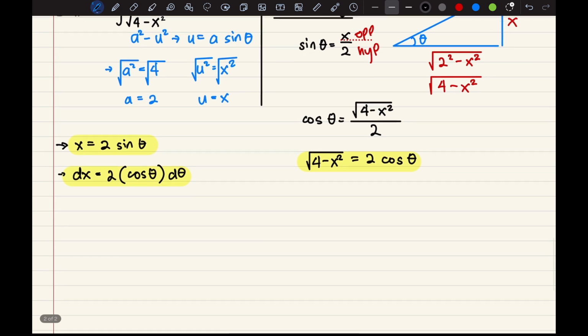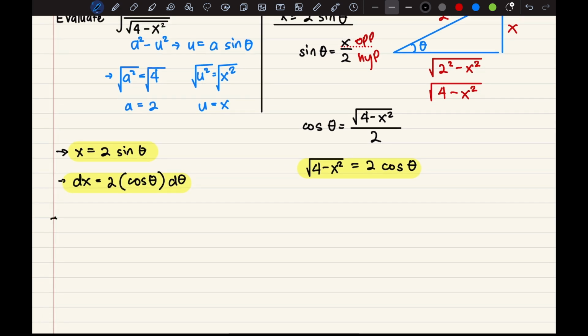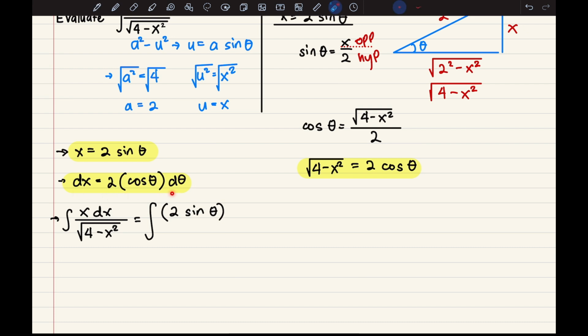Let's rewrite the integral. So we have the integral now of x dx all over square root of 4 minus x squared, that is equal to the integral of what is the value of x in terms of theta, that is 2 sine theta. So we have 2 sine theta, and then differential x is equal to 2 cosine theta d theta.